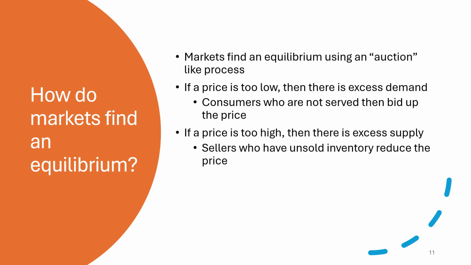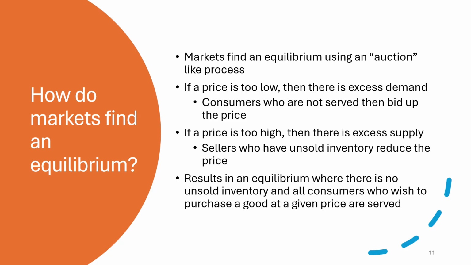If the price is too high, then there will be excess supply, and sellers will have unsold inventory that they might unload by reducing prices. It's only when we're in an equilibrium, where quantity demanded equals quantity supplied, that there's no unsold inventory, and all consumers who wish to purchase a good have received that good, that we end up in a point where prices do not change.